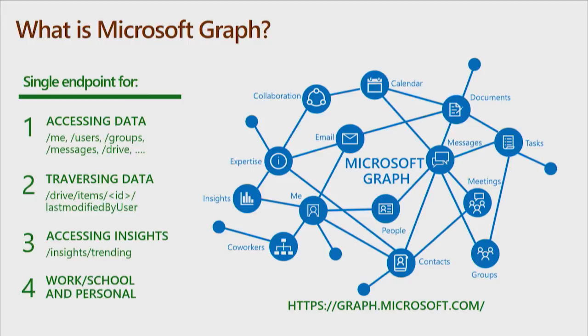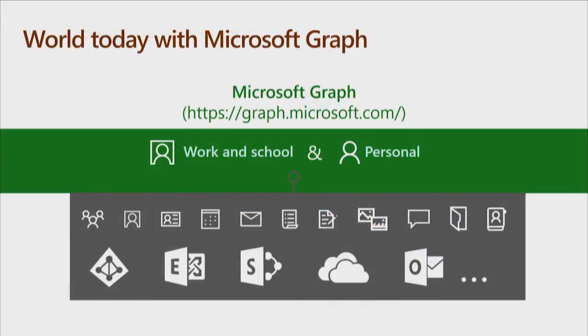And it also works for some personal data as well, things like OneDrive. So really, it's this one endpoint at graph.microsoft.com that unifies a lot of these concepts. OK, so that's a little bit of my diversion into talking about Microsoft Graph. We're going to use Microsoft Graph to make our Teams tab better.